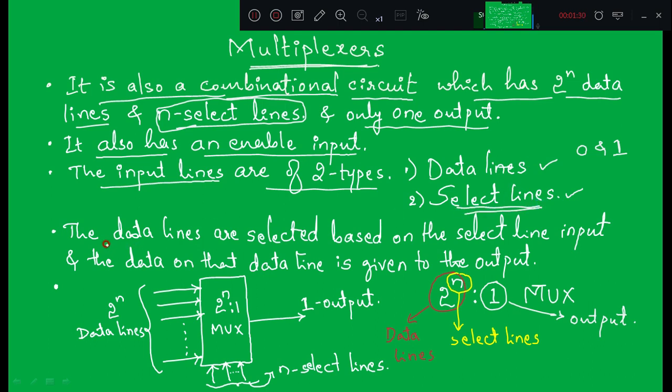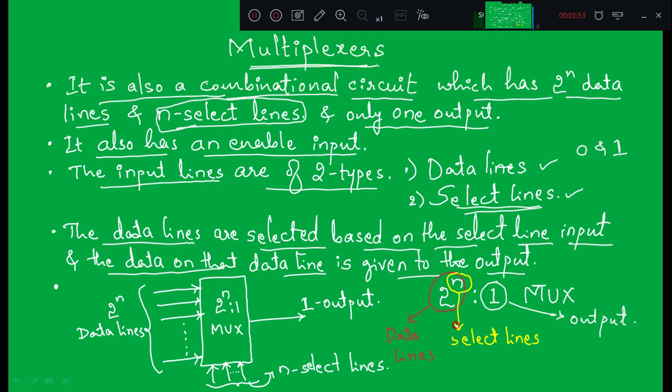The data lines are selected based on the select line. So one of the data lines is selected, and the data on that data line is given to the output.